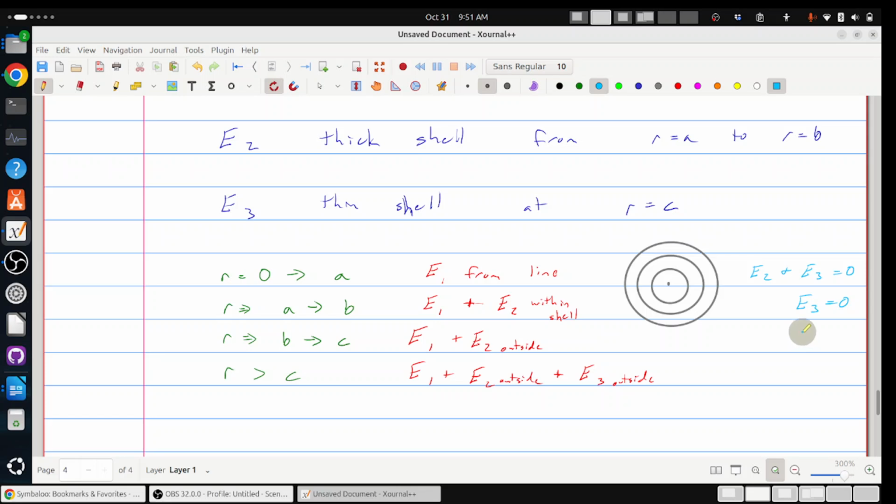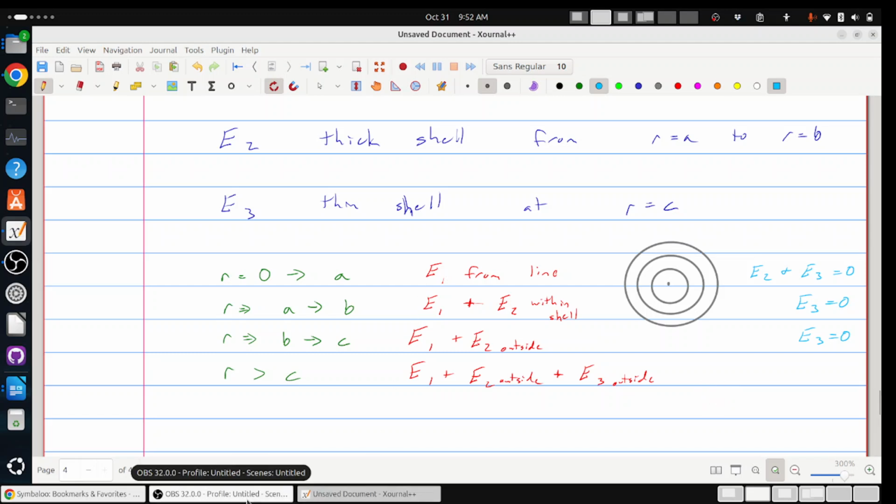In this region, still, E3 was equal to 0, but I had an E2 outside of the shell. And now none of them are 0, they're all contributing. Okay? And so it's just putting together pieces of the electric field due to those static charge distributions.